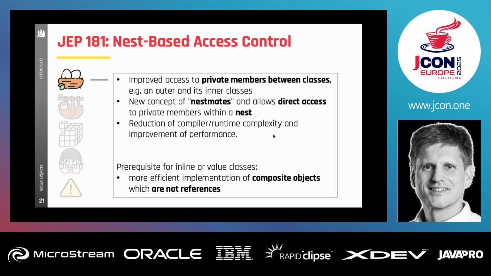It's called Nest-Based Access Control, and it has to do with access to private members between different classes. So they have a new concept, nestmates, and it's a bit easier to create composite objects that are not actually reference objects, like the normal objects.